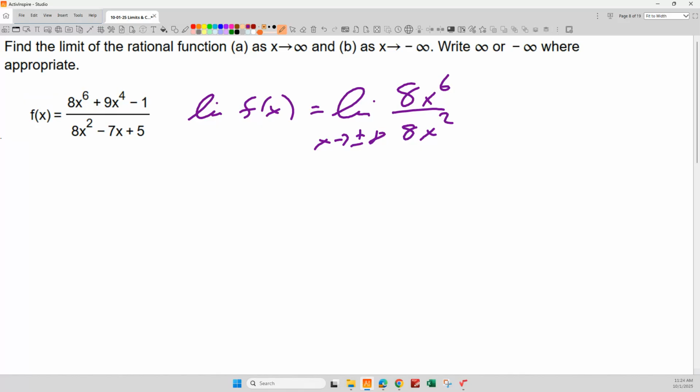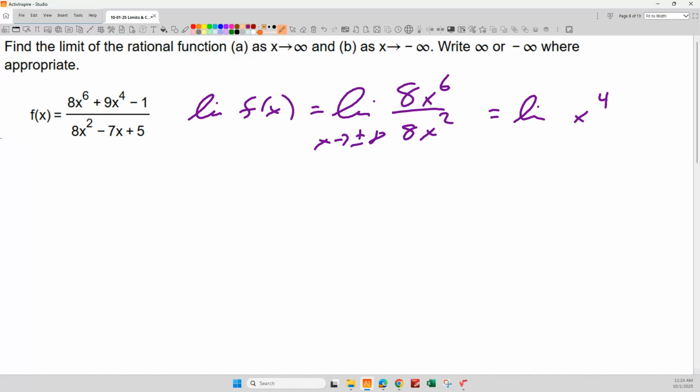And that just reduces to the limit of x to the 4th, right? And what's the behavior of x to the 4th? It's like that, isn't it? And so as x approaches positive infinity, the function approaches positive infinity. As x approaches negative infinity, the function approaches positive infinity.